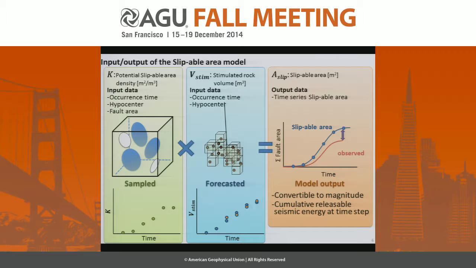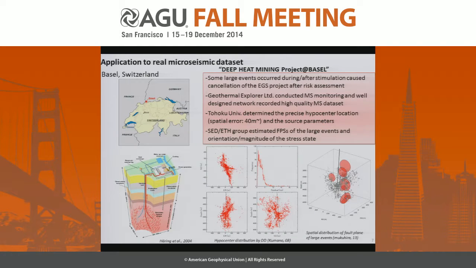Just to show you an example: for the slip-able area in time step 3, you have to use the K value of time step 2 and the just forecasted V stimulated area in time step 3. So now we have a stimulated slip-able area. This can be converted to the magnitude and seismic energy at each time step.